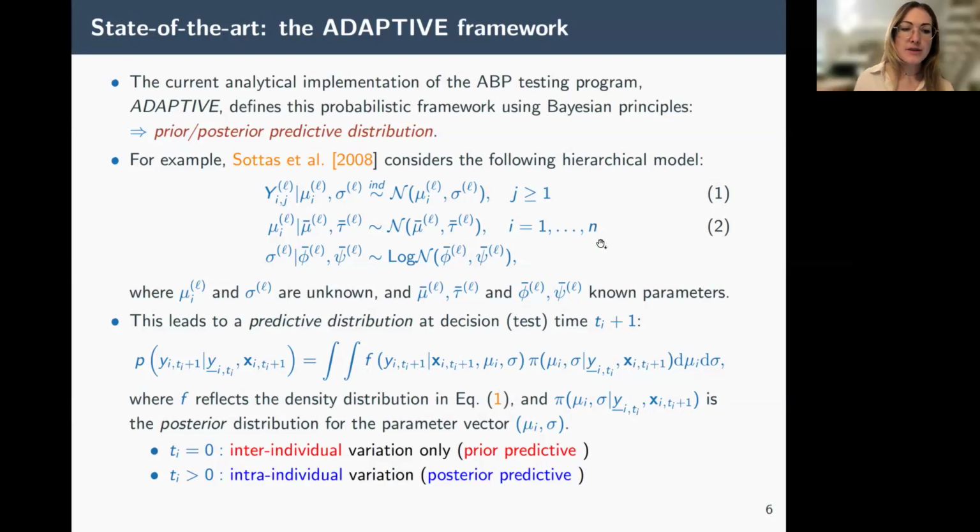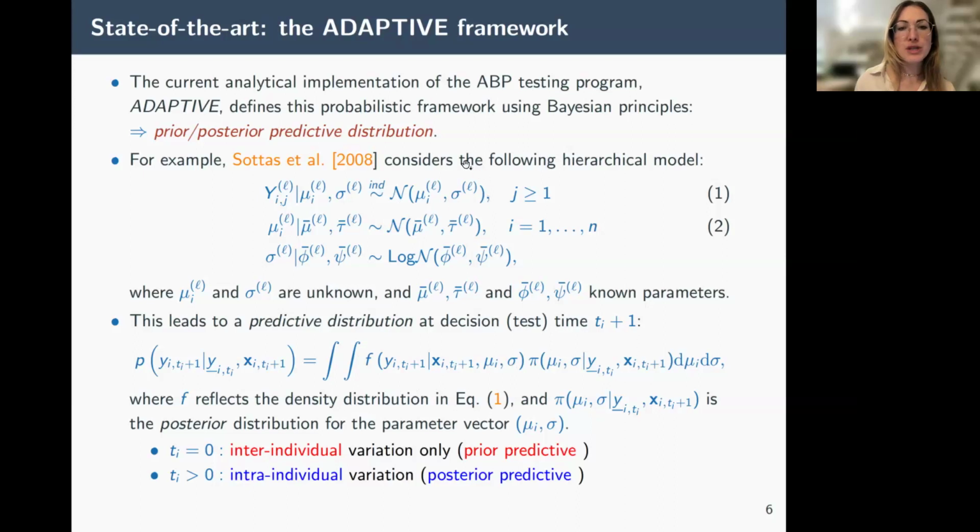So it combines together the inter-individual and the intra-individual variation that can occur for an athlete.